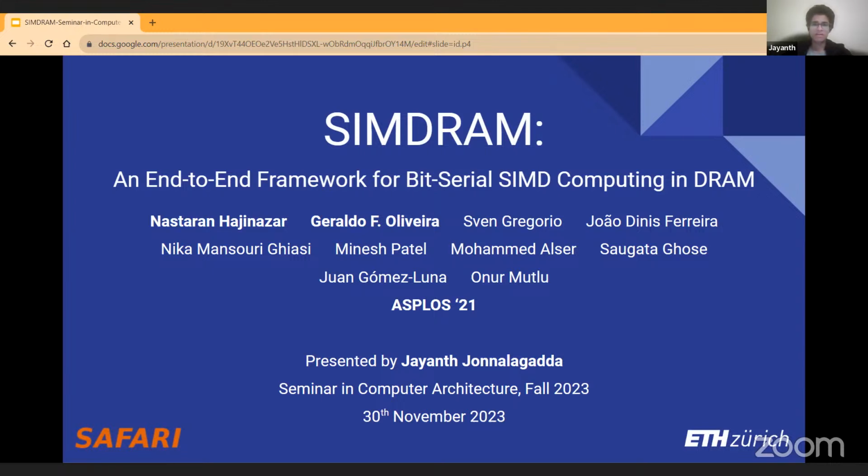They are also quite rigid, and they require significant changes to the DRAM architecture, which obviously comes with power and area overhead. So the goal of SIMDRAM is to design a comprehensive, end-to-end framework for enabling in-DRAM processing. It enables complex operations to be performed within DRAM, and it is flexible, extensible, and programmable.